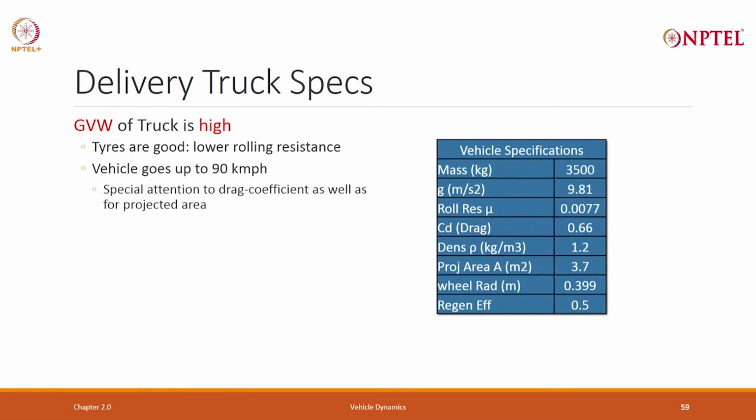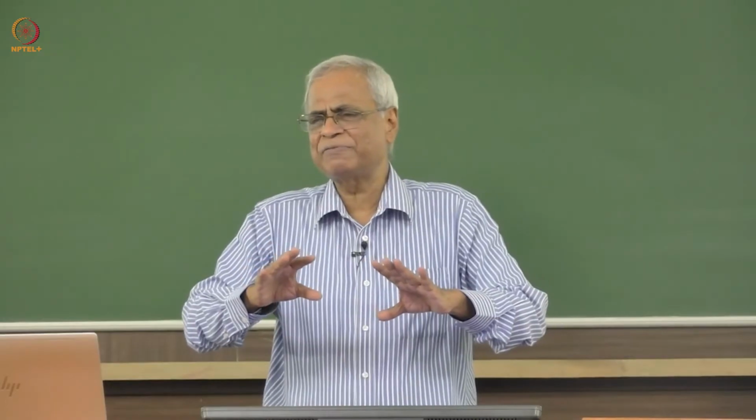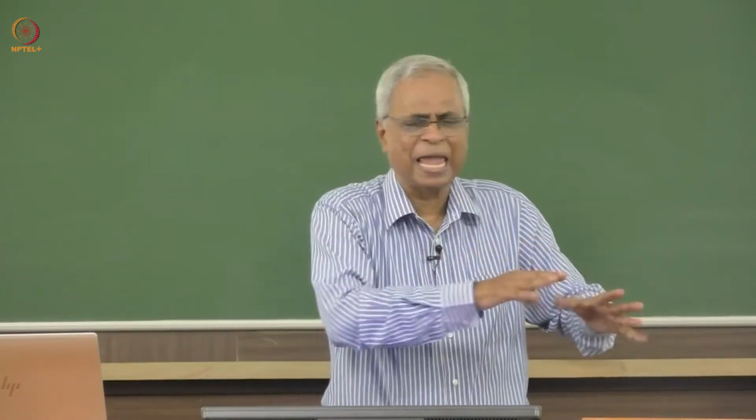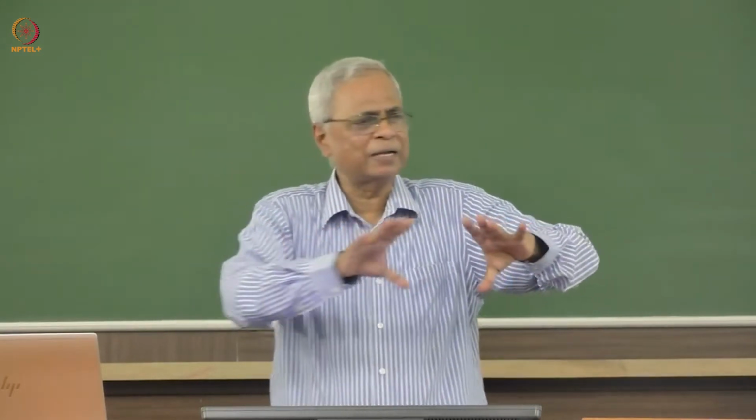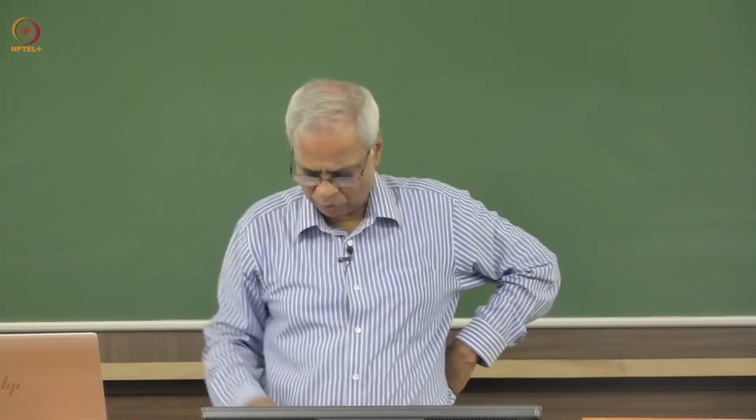I have taken different regeneration efficiency. The vehicle is designed to go up to 90 km/h, but it also travels to a limited extent on the highway. But we have taken this MIDC cycle, the same cycle that we did for 4-wheelers. So, it will mostly run at lower speed, once in a while go to the higher speed.